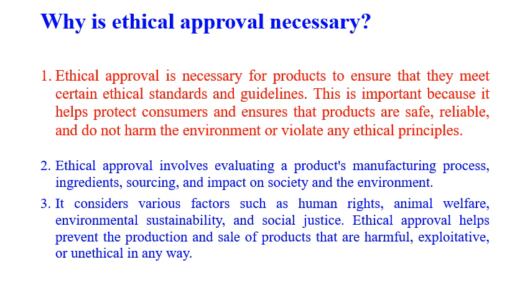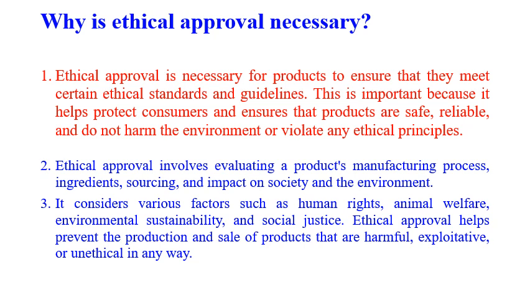Ethical approval involves evaluating a product's manufacturing process, the ingredients used, and the sourcing of the ingredients, and the impact the product will have on society at large is also evaluated. So you can see that ethical approval is important.